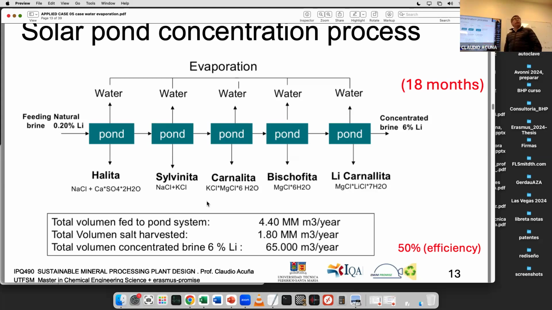And to make it simple, with the data that they have, the efficiency is 50%. It means the lithium that you extract, you evaporate. Efficiency is 50%. This is very bad, but nobody cares, because in our case, the owner of the mineral is Chile, the country. And they pay royalty for production of lithium, not for the efficiency.